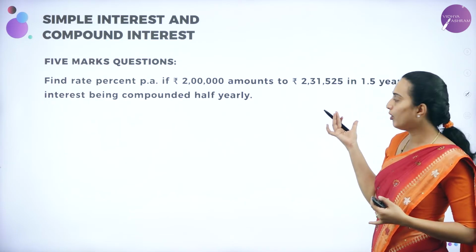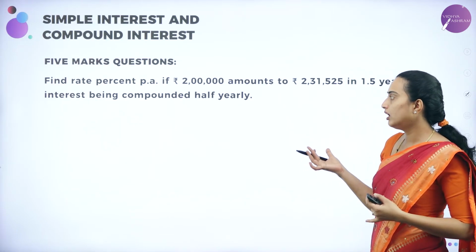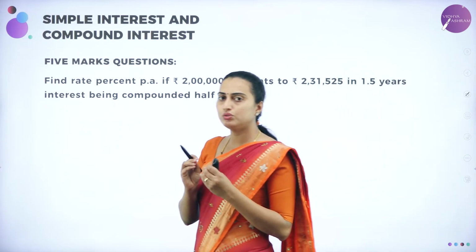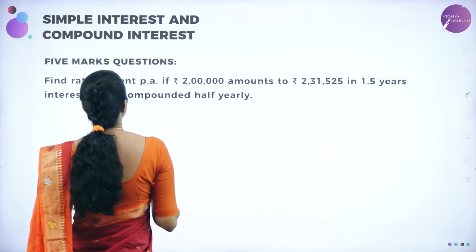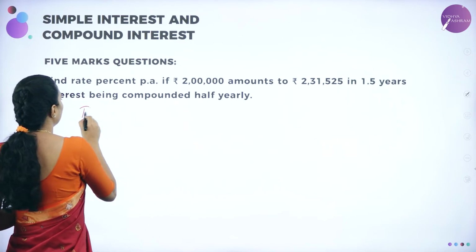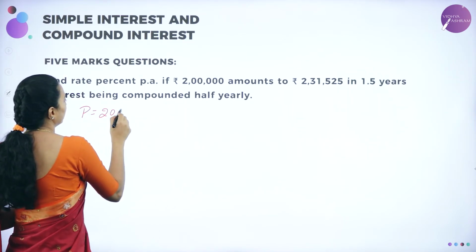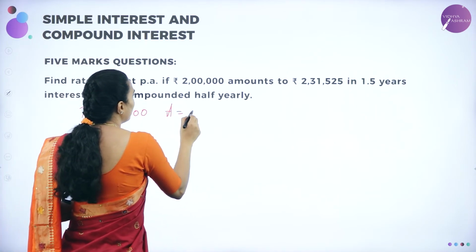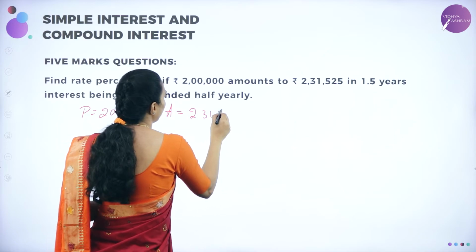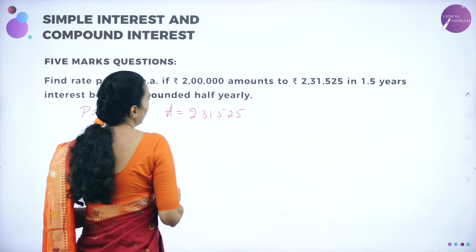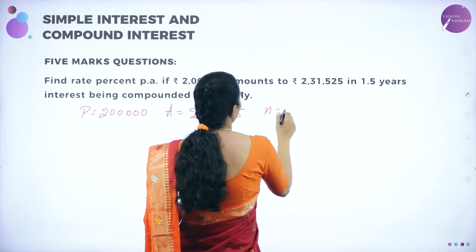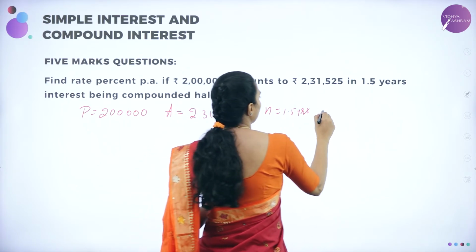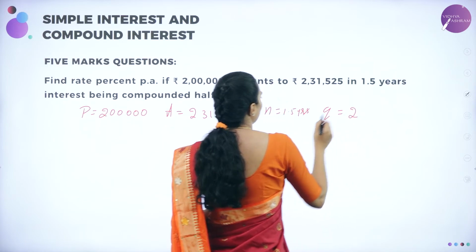Next question: find the rate percentage per annum if 2 lakh amounts to 2,31,525 in 1.5 years, interest being compounded half yearly. Here we need to use an alternate formula. P is 2 lakh, A is 2,31,525, and N is equal to 1.5 years. Q, half yearly, means 2.